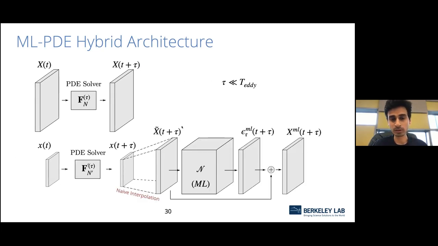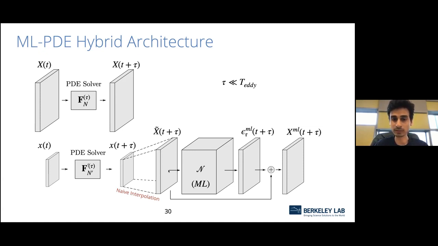And the solution here is that you choose a time step tau, which is very small compared to the largest eddy turnover time or whatever the natural time scale of the system is. So you have a really small time step or time interval. And at these small intervals of time tau, you basically take the output of your low-resolution PD solver and correct it using a machine learning model.